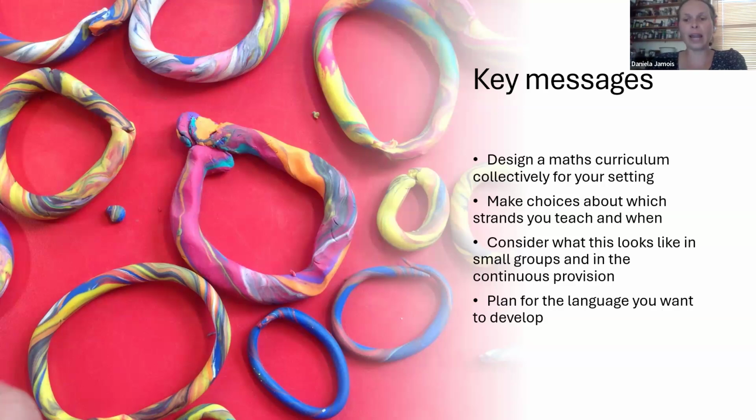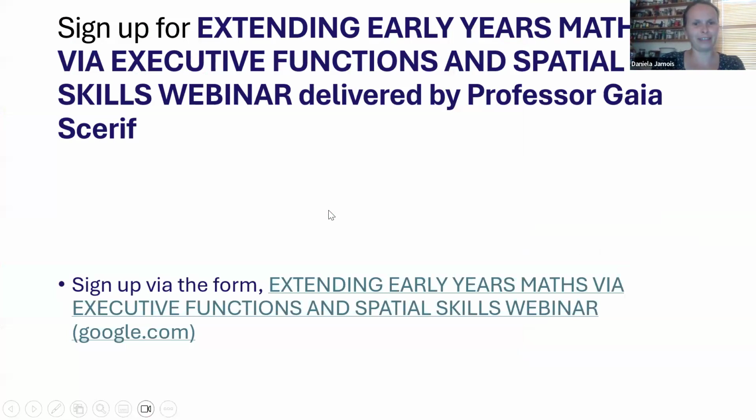And then you want to be planning precisely for the language that you want the children to be exposed to. Which mathematical language are you using each term? And then as you build confidence, you can break that down into weeks. But what's important is that you're showing that you are being reflective.